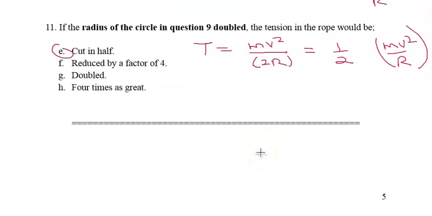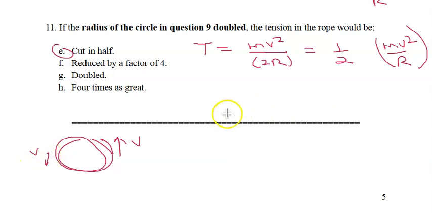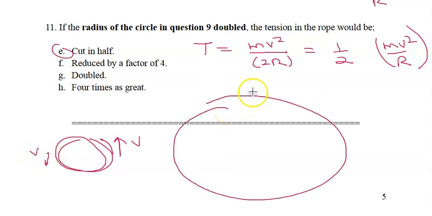Because if I'm going around a tight circle, then I'm going from heading north to heading south twice as fast, because it's a factor of 2, twice as fast as if I'm going in a bigger circle. If I double the radius, the time it's going to take me to turn 180 is going to be doubled. And so I only have to work half as hard because I'm not turning as quickly.